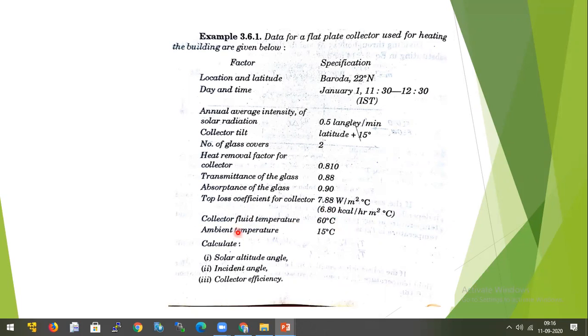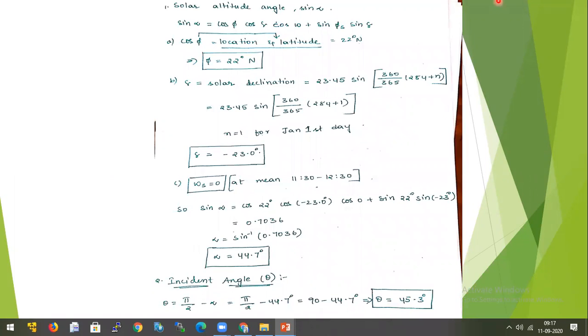Collector fluid temperature and ambient temperature are 60 and 15 degrees respectively. What we have to find out: first is the solar altitude angle, sine alpha; second is the incident angle theta; and third is the collector efficiency, eta.